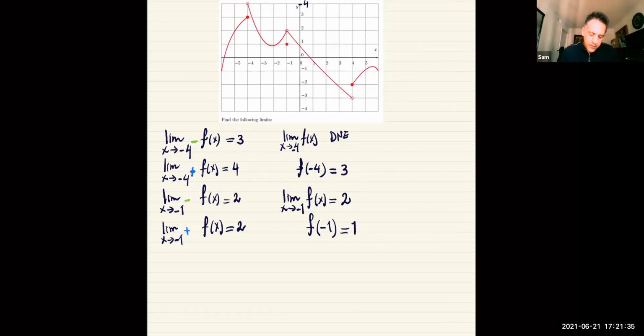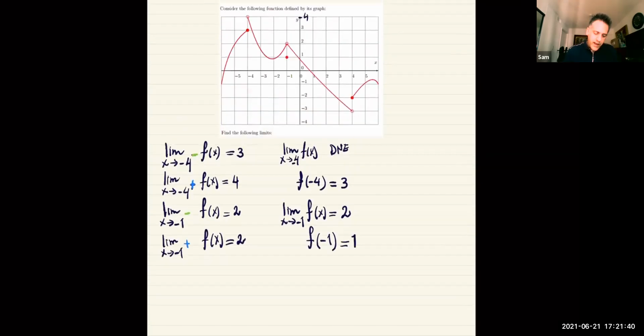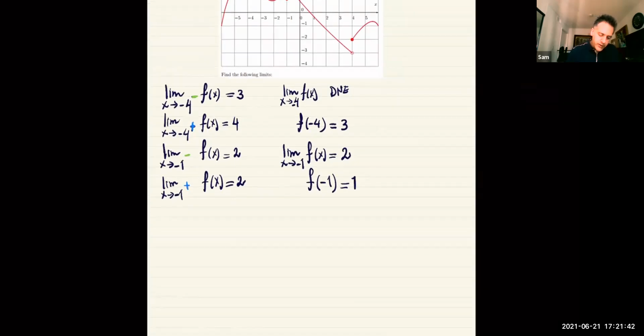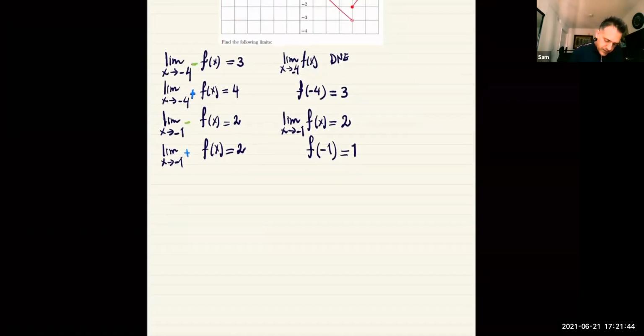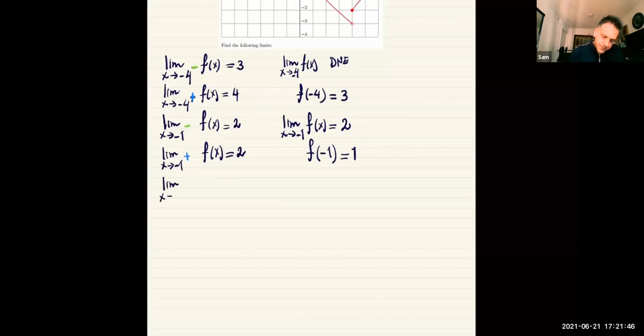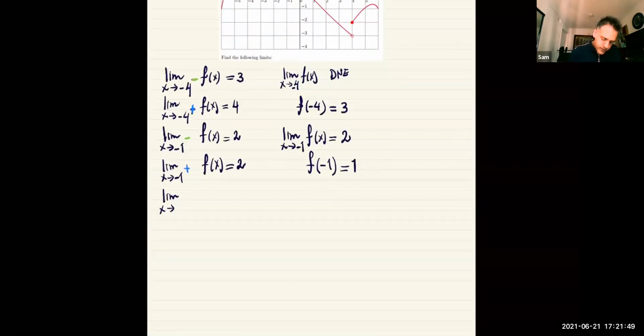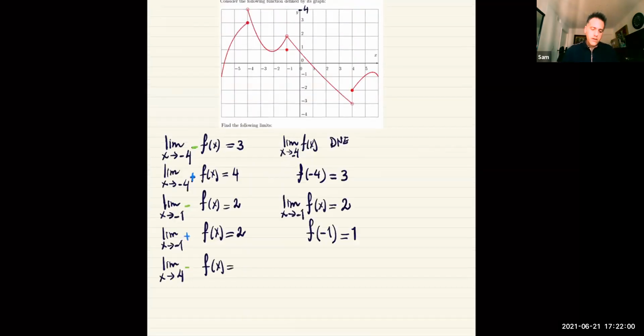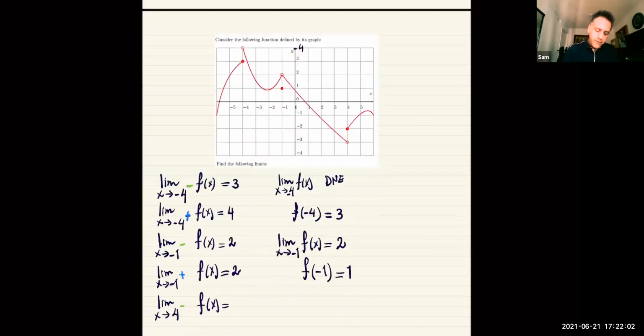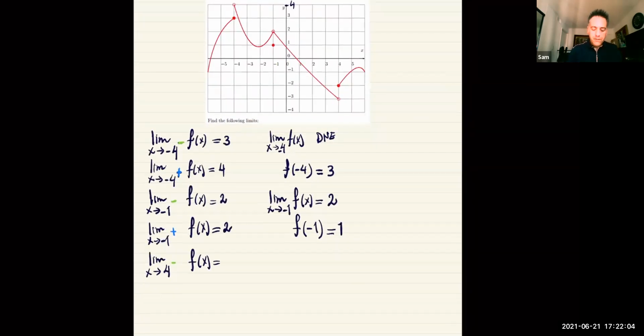Okay, now let's talk about maybe a different limit here. So the next one is actually obvious, but we'll just write it down. Limit as x goes to 4 from the left for f of x. Let me go with Saad. Here is 4, and we are approaching 4 from the left of 4.